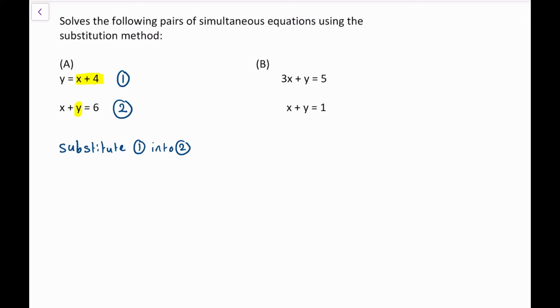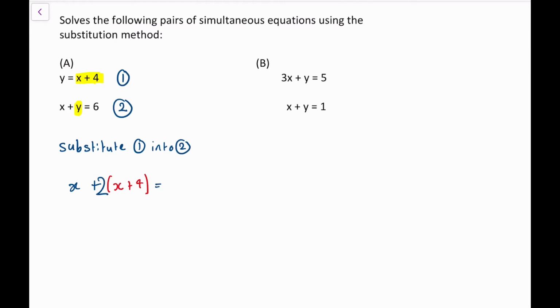So I said that I was going to replace the y in the second equation with the x plus 4. So here I'm going to have x plus, and instead of the y, I'm going to have x plus 4. It's good practice to have those brackets around in case there was a number out here, say 2 or something like that, equals 6. Now, the number out here is actually 1, because it's 1y, but we don't need to write that.